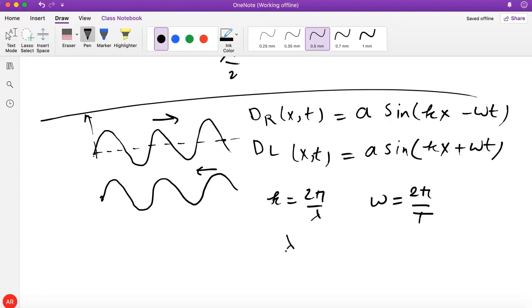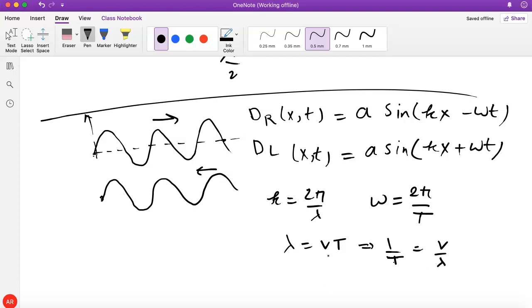And lambda is vT, so from here one can find that 1 over T is v over lambda.